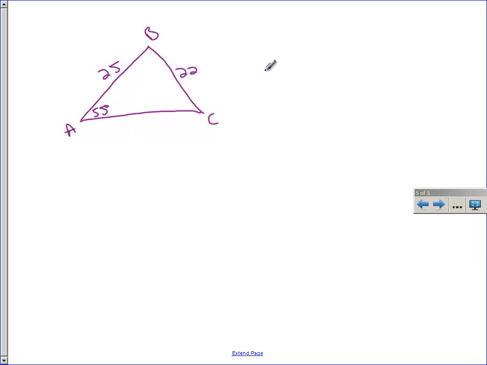And let's set this up. The sine of 55 degrees over 22 equals the sine of angle C over 25. And when you crisscross multiply and you do the arc sine of something that works out to be less than 1, the measure of angle C is 68.57. So that is one of the solutions.